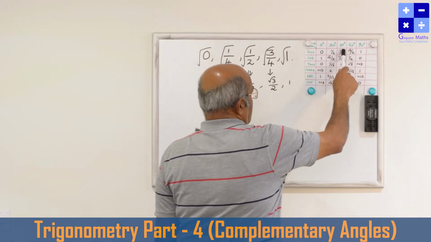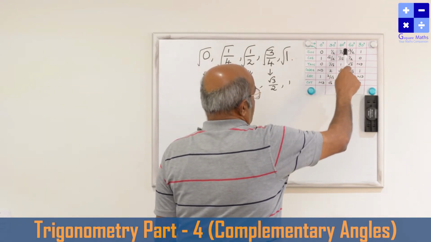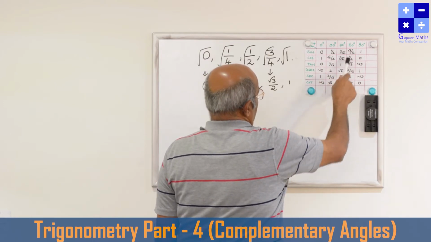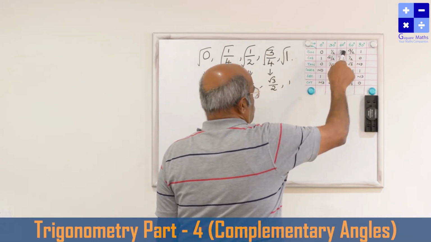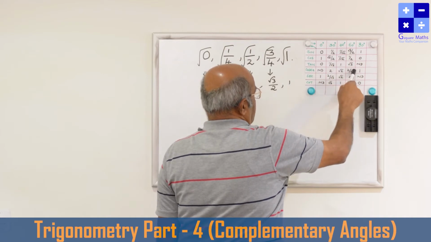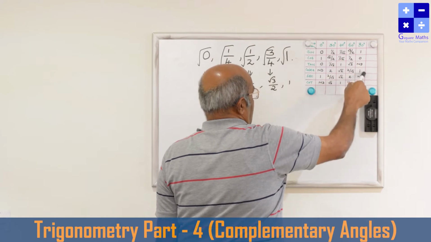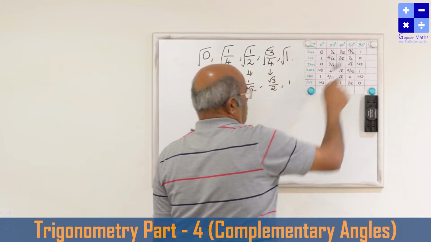Similarly cosecant 45 is the reciprocal of this, root 2 by 1, and cosecant 60 is nothing but 1 by sin 60, that is the reciprocal of this, and the reciprocal of 1 by 1 is this.